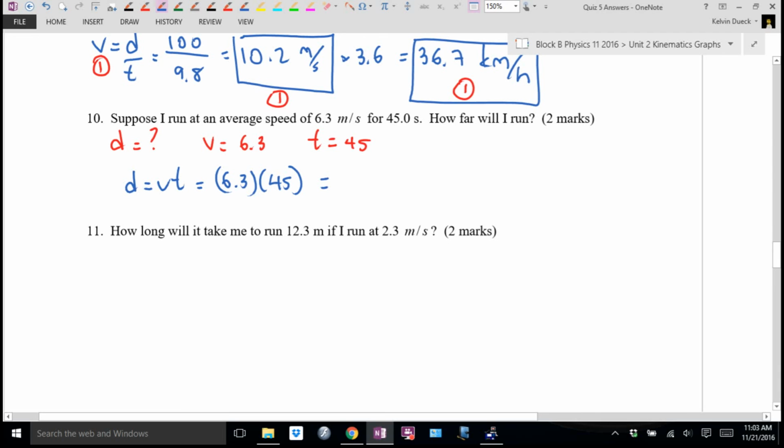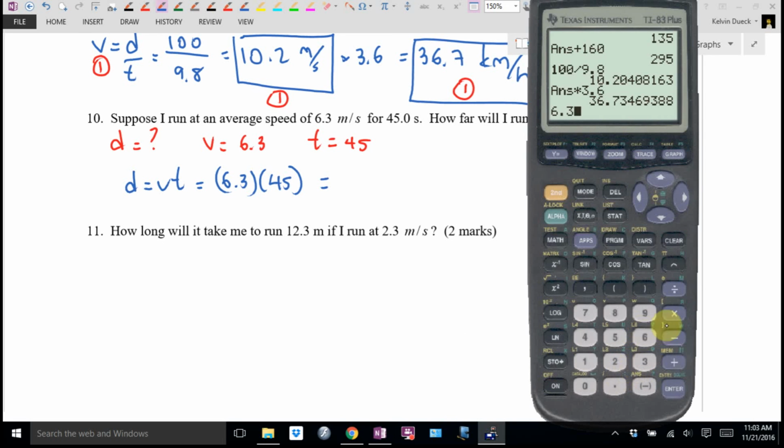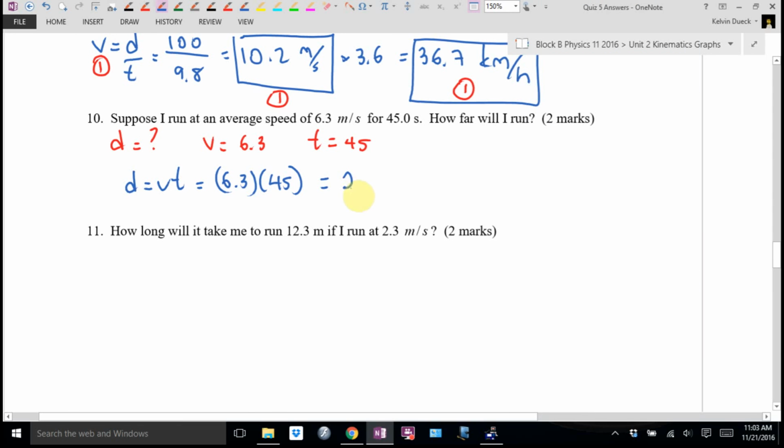Can I do that in my head? 283.5 meters. Technically, you should say 280 meters because it's to 2 sig figs, but I'll totally take that value. I would give you 1 mark for that, half mark for the numbers, and a half mark for the answer.